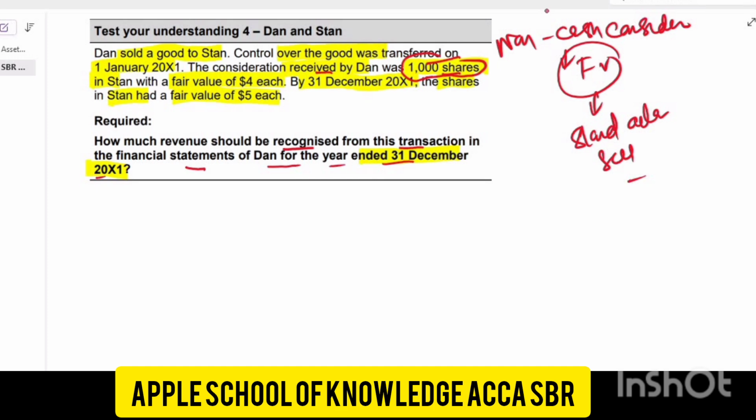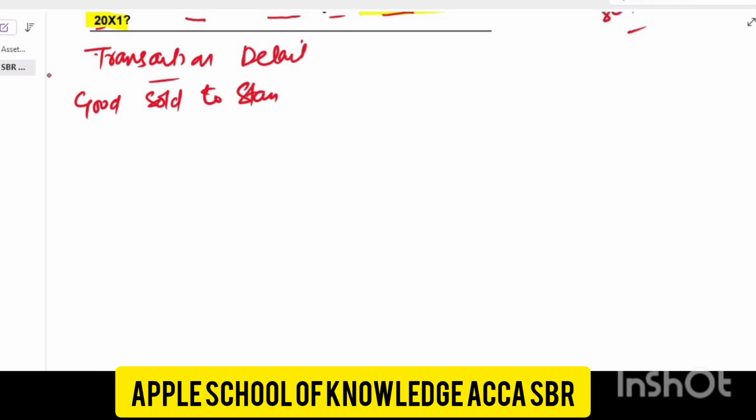So in this example, first let me write here. First you see the transaction detail. Goods sold to Stan, and the control transferred on 1st January 2001. Clear?